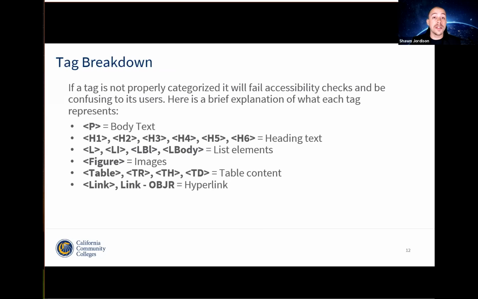Those include the label, which typically is the bullet or the number or the dash, followed by the L body, which is all of the contents of the list. Now, in order for your document to be compliant with Section 508 standards, it needs to have the L parent tag, an LI tag, and the L body. At this time, the label is not required for 508.